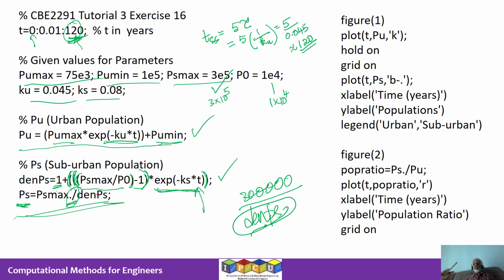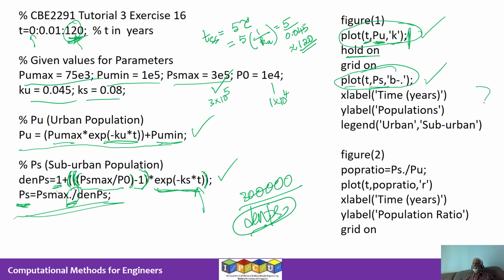Once I generate PS and PU, I'm going to plot these two populations, right? I'm going to plot PU with black color versus time. So time is on the horizontal axis, PU is on the vertical axis here, and then I hold on. So in the same plot that I plot PU versus time, I also plot PS versus time, the suburban population versus time, but the suburban population in blue color with dash dot.